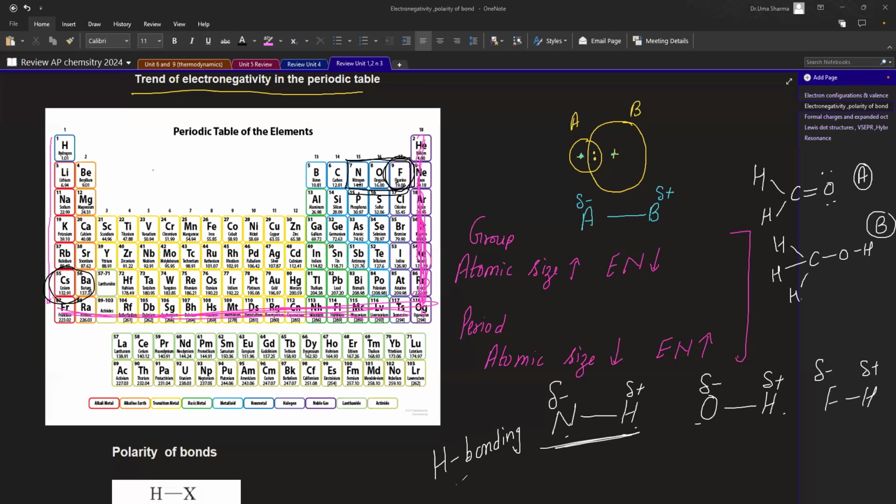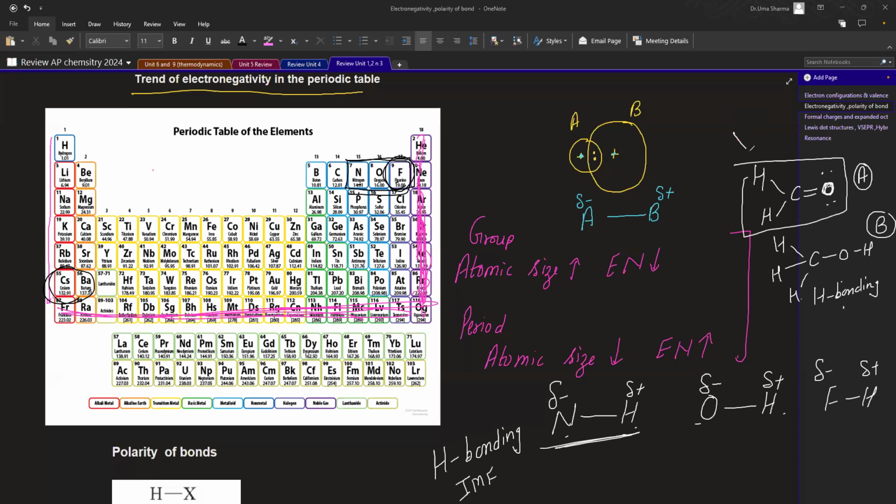Hydrogen bonding is an IMF, right? Intermolecular forces of attraction. Okay, Isabella, why A? Not A, because in A, do you have hydrogen on the oxygen? No, that's why. But B has hydrogen bonding. Hydrogen bonding is an example of dipole-dipole only.